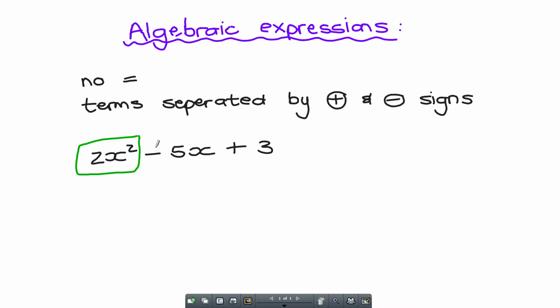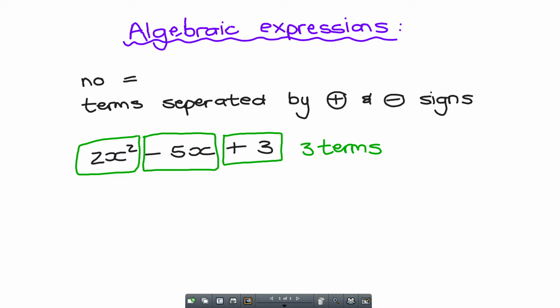So that minus is part of term 2. You guys have heard me say that the sign in front of the number or the unknown is always part of it. So that's term 2. And then I see a plus, so again it cuts off, a new term starts. So this will be term 3. So that is 3 terms.